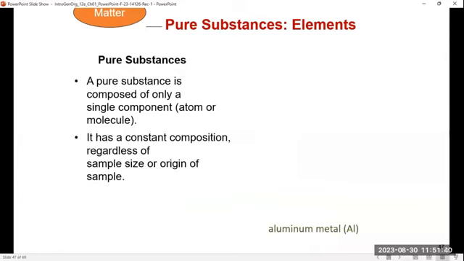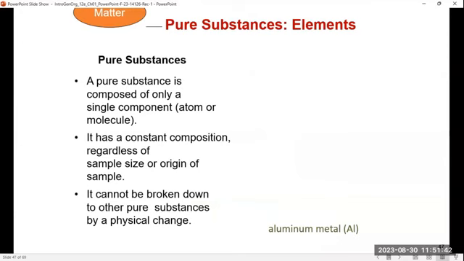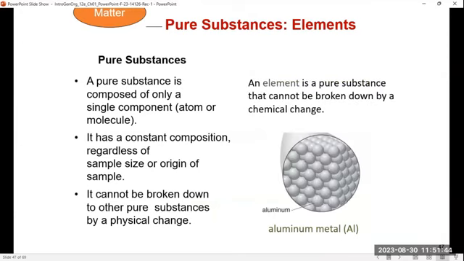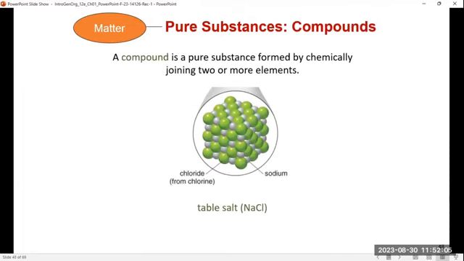An element is a pure substance that cannot be broken down by a chemical change. So an element is the ultimate stable particle in chemistry. Atoms are not destroyed in a chemical reaction. For example, aluminum is shown in this picture. The green, yellow balls represent aluminum atoms.